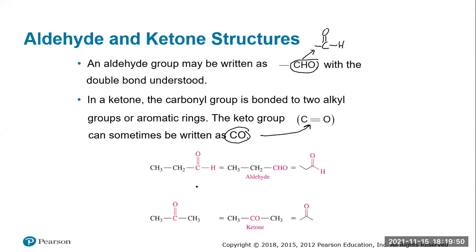This is obviously drawn out. This is more of a condensed formula. And this is what it looks like in line structure. Again, the guy at the end is actually a hydrogen because we wrote hydrogen. Again, that is our carbon there. And that is our carbon oxygen double bond and our hydrogen.